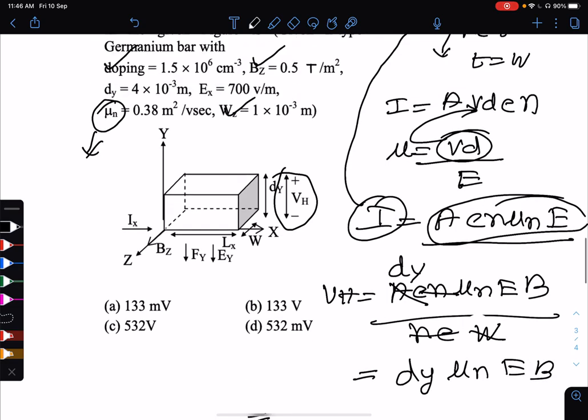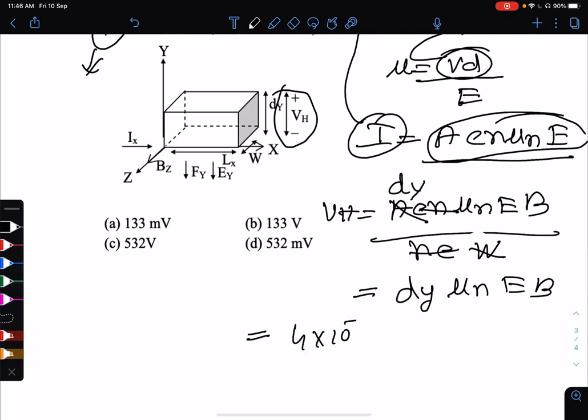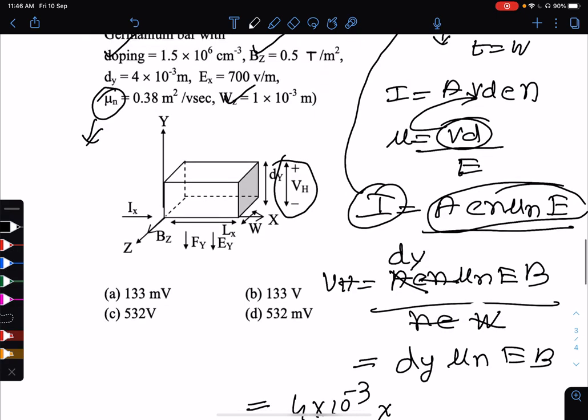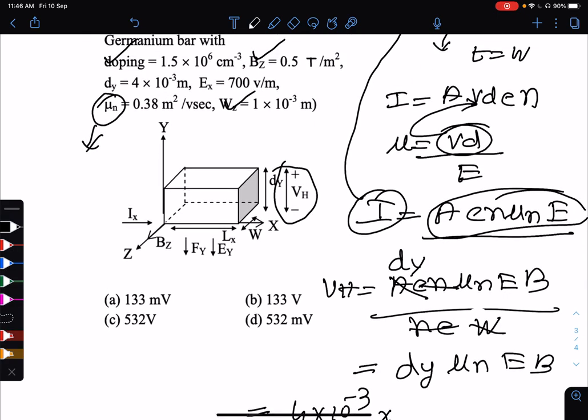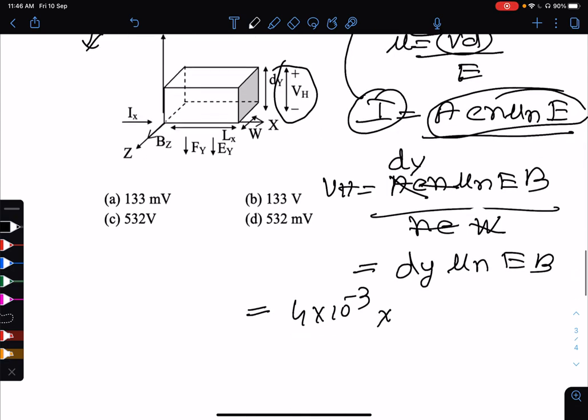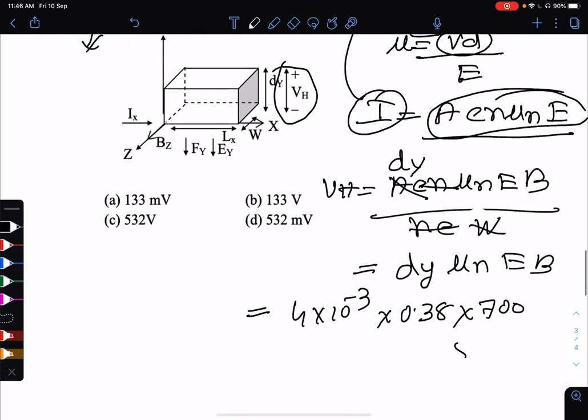What is d_y here? d_y is nothing but 4 into 10 raised to minus 3 meter. And mu n is 0.38, the electric field 700, but B is nothing but 0.5.